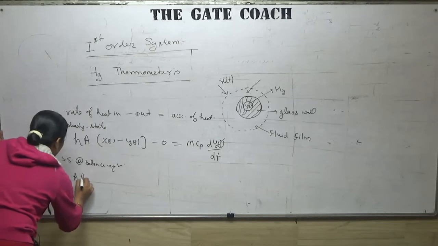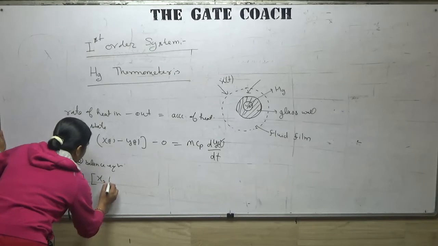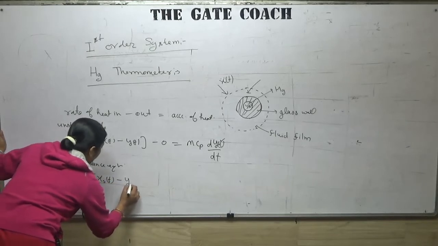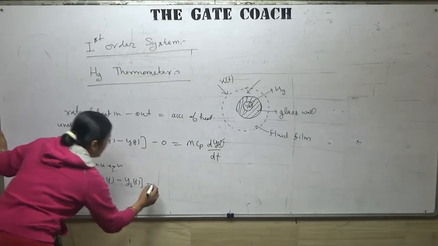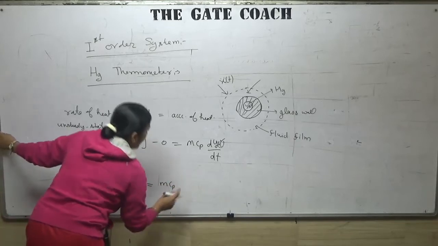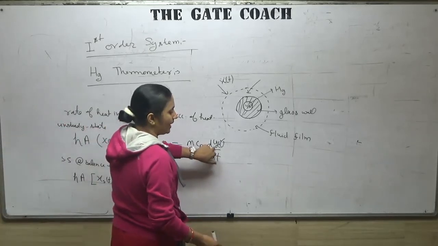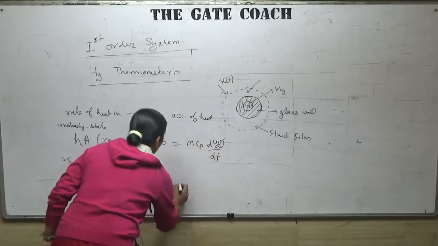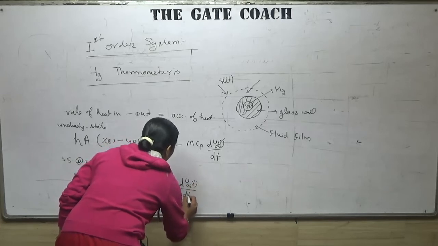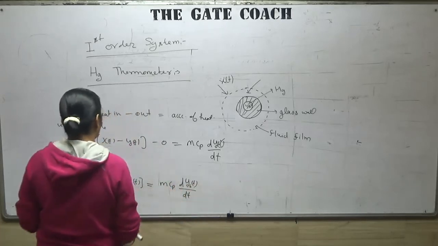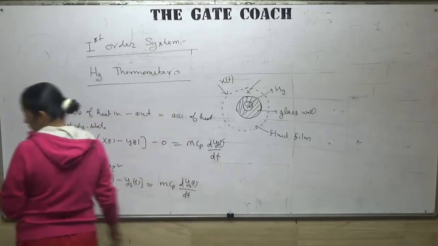At steady state condition, we write the input temperature as hA(xs minus ys) equals 0, that is mCp dys/dt. At steady state, if we differentiate any constant, it comes to 0. You can write it as 0 or as dys/dt; we have written it as dys/dt because we are making a formula, but it can be 0.